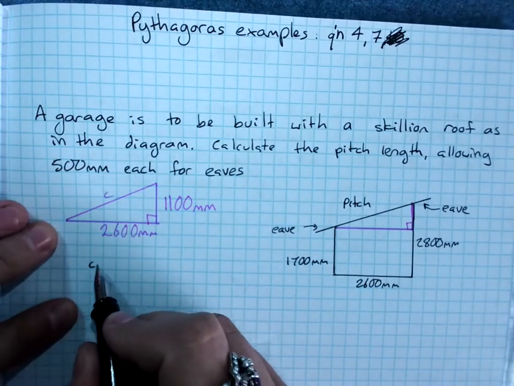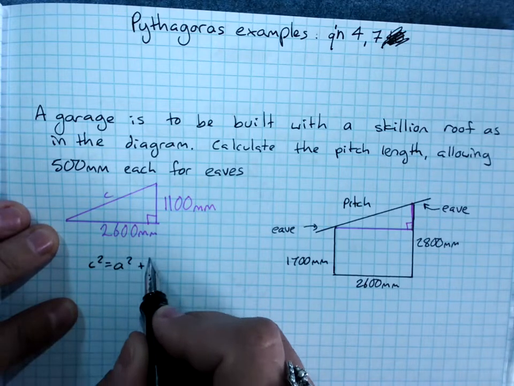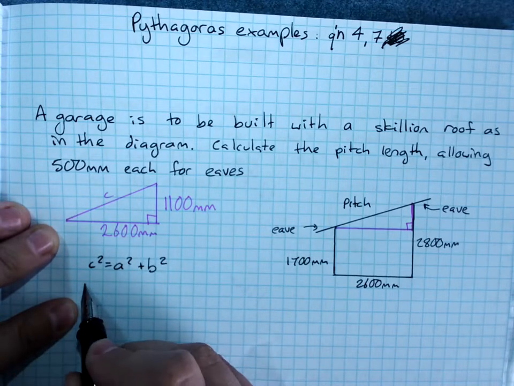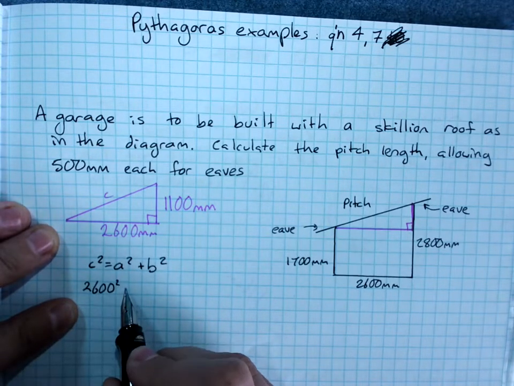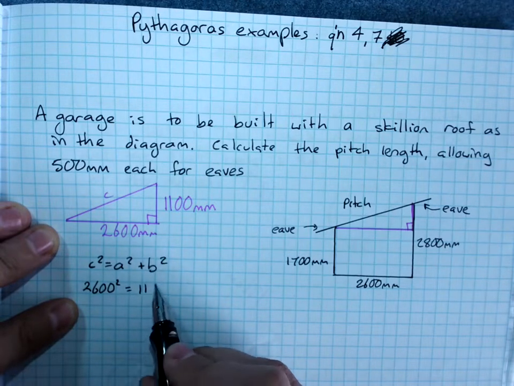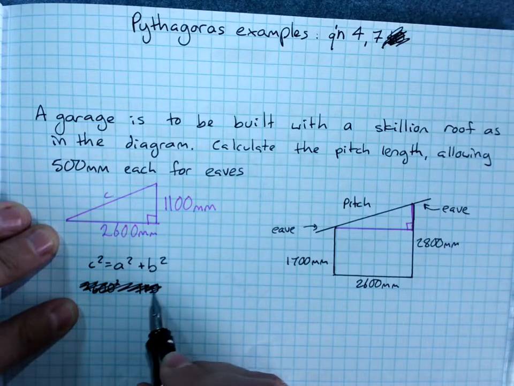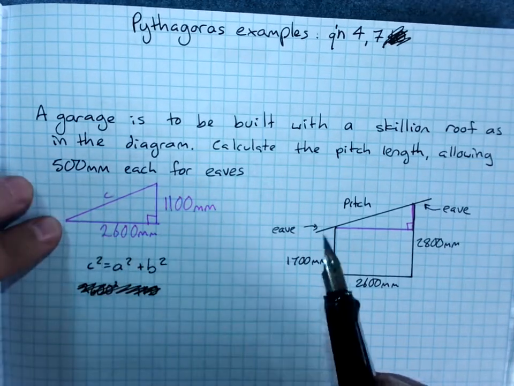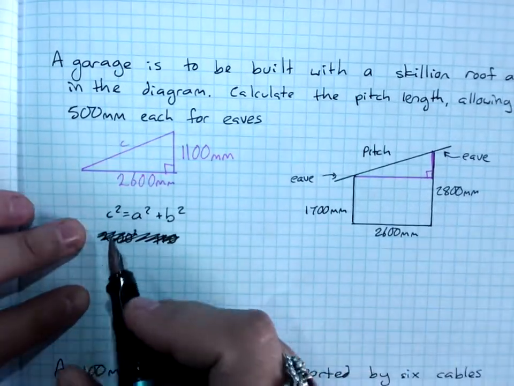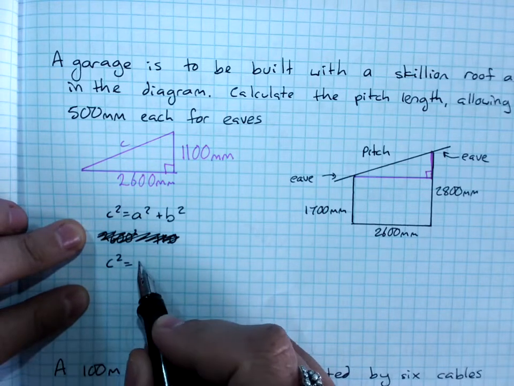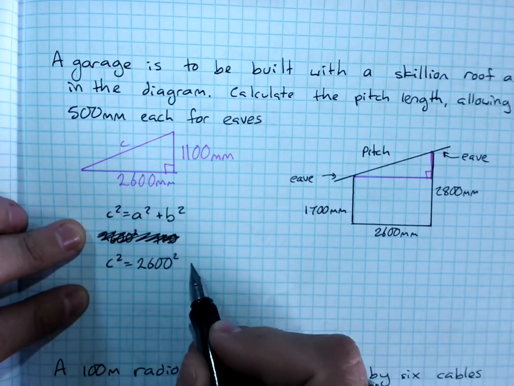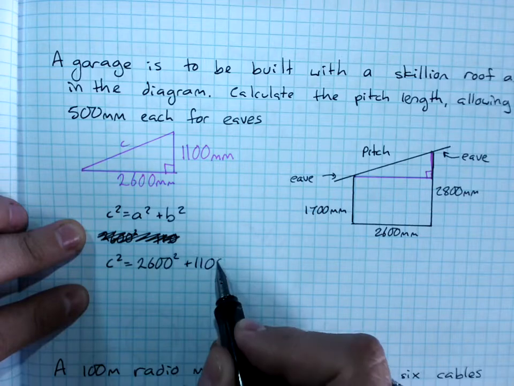Write your formula. Substitute in your values. Obviously, C is your hypotenuse. C squared is 2,600 squared plus 1,100 squared.